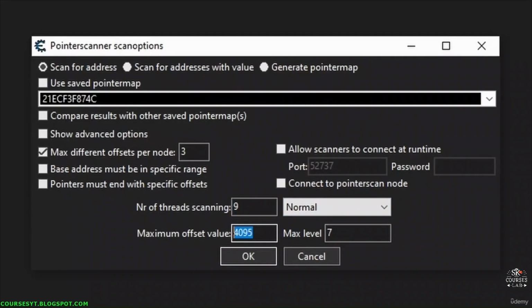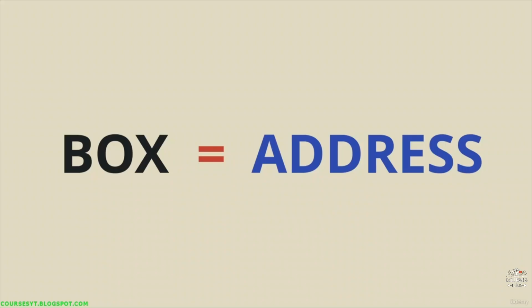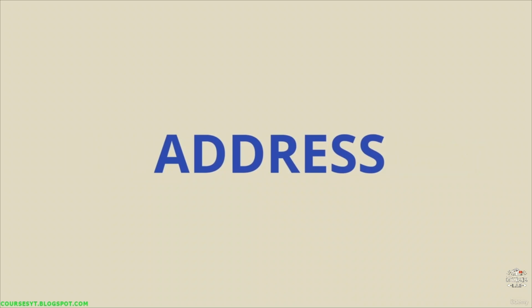And so that's it. Okay, now I just want to point out a little detail. Up until now, I've used the term box. However, now that we know what addresses are, I want to tell you that when you go outside of this course, you won't hear the term box. You'll only hear the term address. Box and address are the same thing. A box is what I use to refer to a place in memory that holds a number.